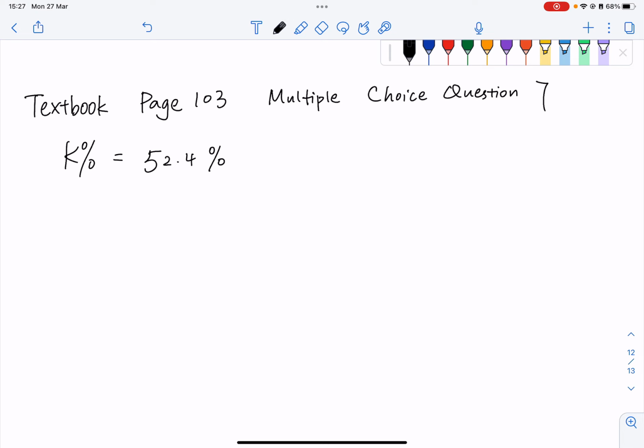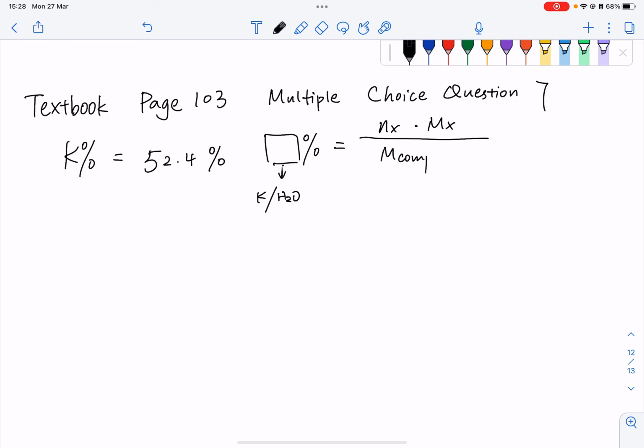Alright, let's record the formula of percentage by mass in a compound. For example, percentage by mass of an element, like potassium, or we can also write water here, equals N_X times M_X divided by M_compound, times 100.